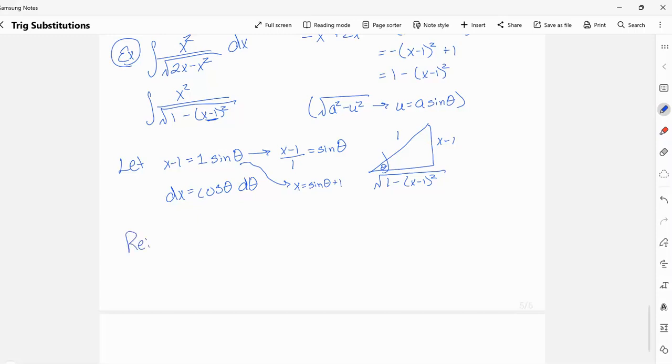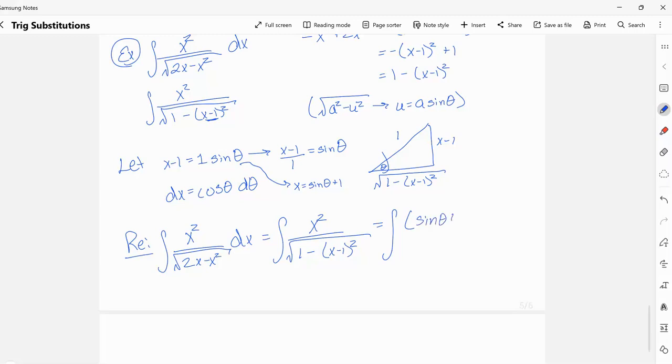So let's substitute in everything we know. Well, let me just rewrite the problem first. So this guy, that's what we're trying to solve. We rewrote that denominator as the square root of 1 minus x minus 1 squared. So this is algebraically equivalent to that. This is where we're going to make our substitution. I need an x squared. X is sine of theta plus 1.